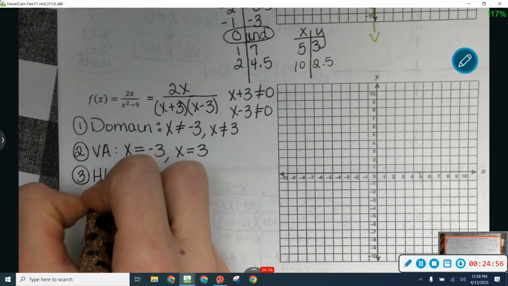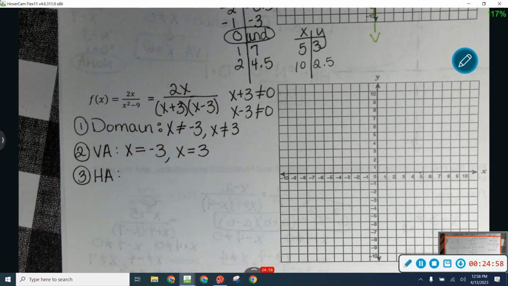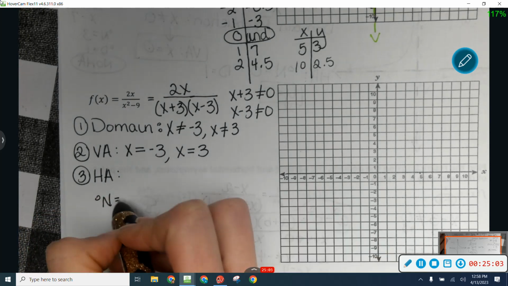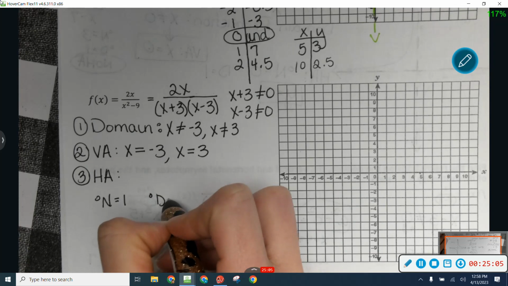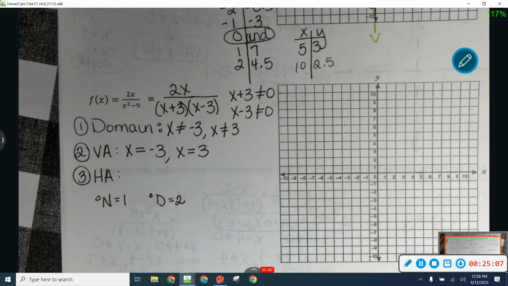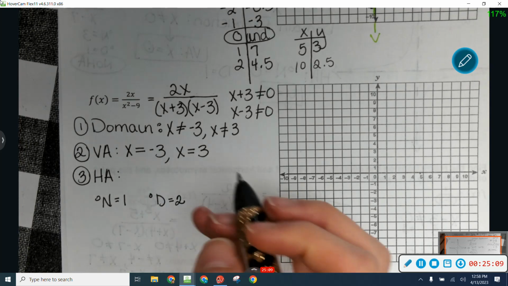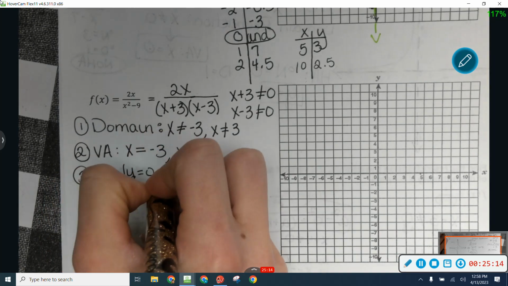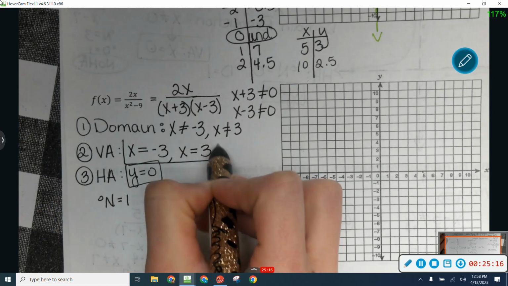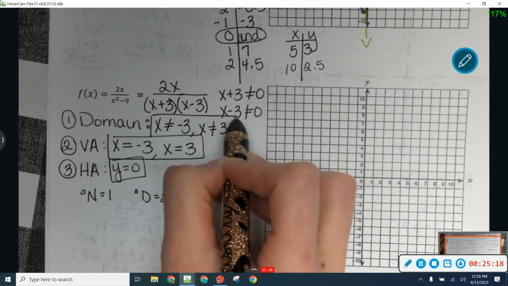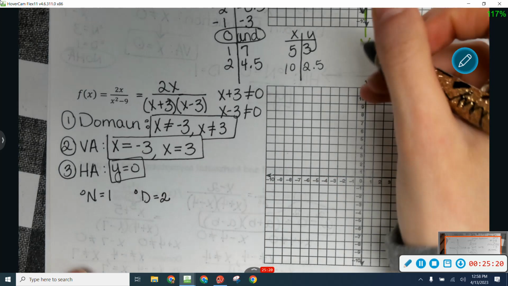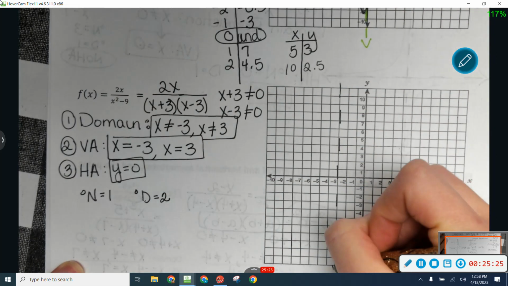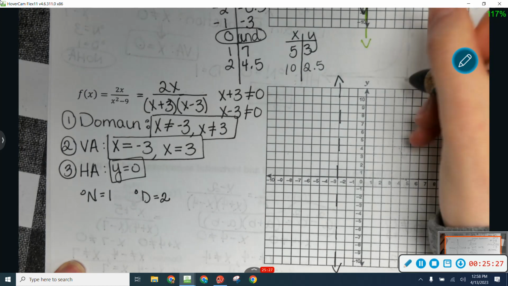Then for my horizontal asymptote, the degree of my numerator is what? 1. And the degree of my denominator is 2. Top is less than bottom, so what's my horizontal asymptote? Y equals 0. So I'm going to graph my dashed lines.